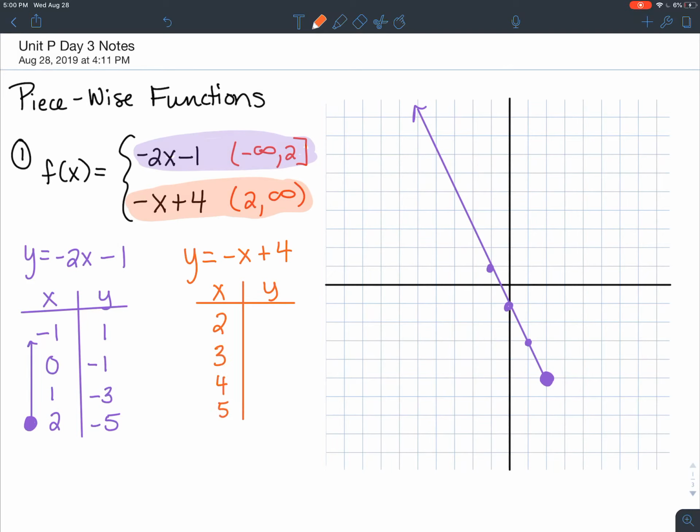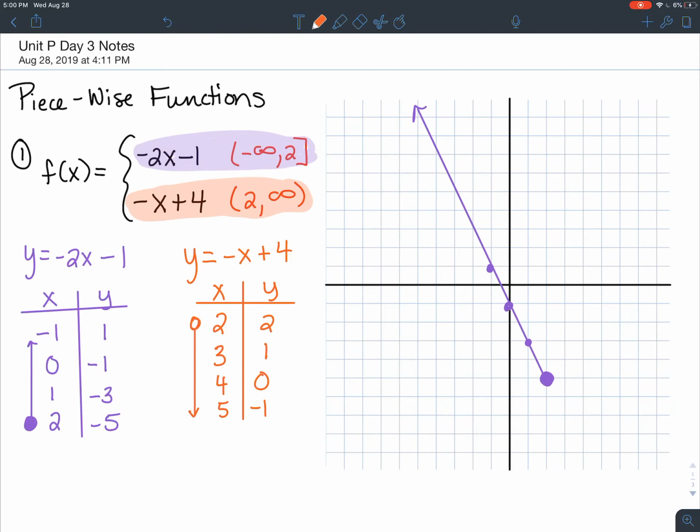Negative 2 plus 4, when I plug that in, gives me 2. And that's going to be my open circle this time, just to remind myself. Negative 3 plus 4 is 1. Negative 4 plus 4 is 0. And negative 5 plus 4 is negative 1.